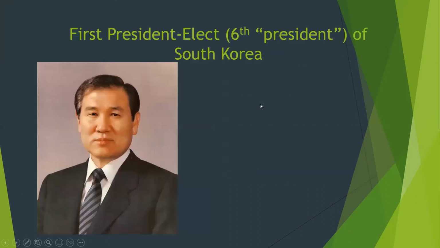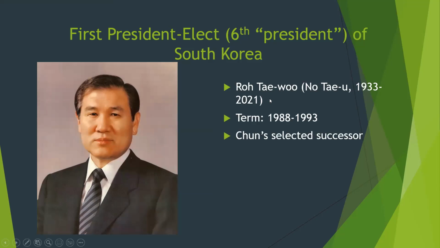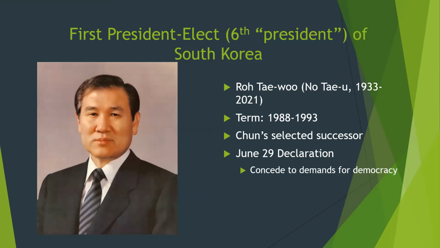The person who ended up being elected, which I find very interesting, is Roh Tae-woo, who was actually Chun's selected successor. So he was affiliated with the regime, but he got elected anyways. This is probably because he's the one who delivered the proclamation for the free elections on June 29th. And the free elections happened in October that year. So it seemed to help him out in getting elected.